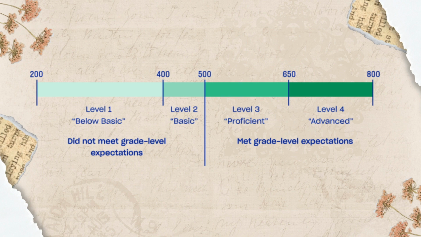You could be considered proficient in something with a D. And to be considered advanced, you would need a 650 out of 800, which is an 81%, which is a B, unless you're using that alternative grading scale in which an 81% is a C. But basic is a 50%. In some states, basic is the goal for students and is even considered passing, even if they don't meet grade level expectations. But again, expectations from whom and for what?